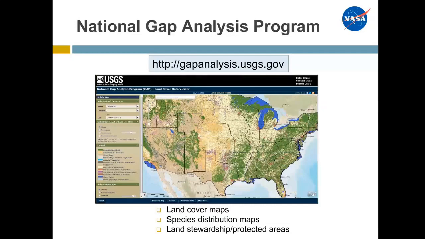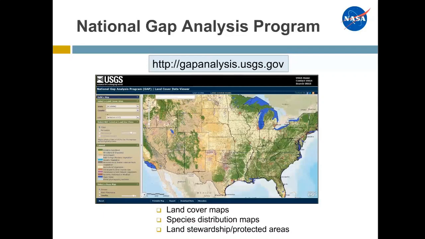To do this, GAP maps the land cover of the U.S., maps predicted distributions of vertebrate species, maps the location, ownership, and stewardship of protected areas, and documents the representation of vertebrate species and land cover types in areas managed for the long-term maintenance of biodiversity.